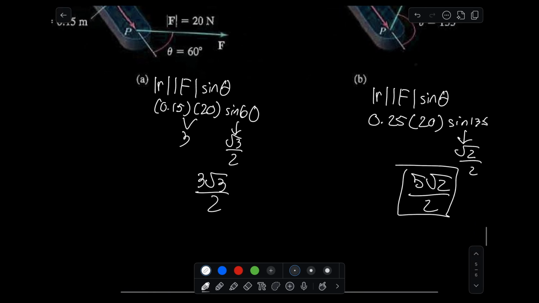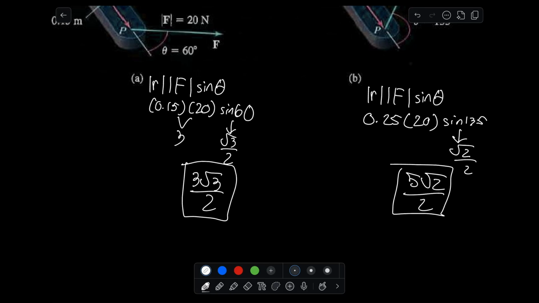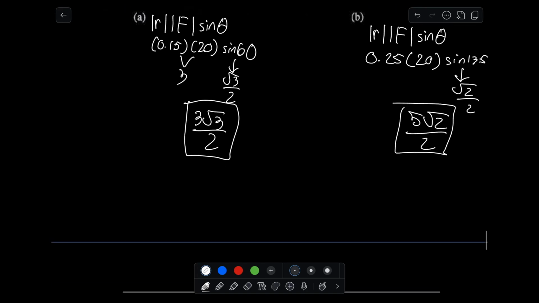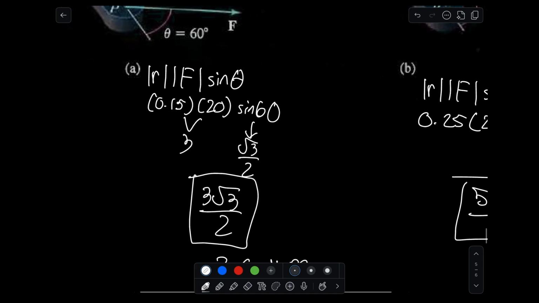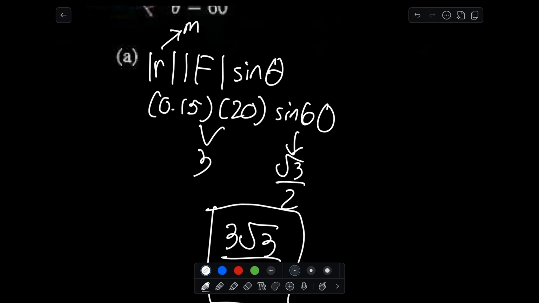And then if you were to compare these two torques, the magnitudes of the torques, just plug it into your calculator. Actually, we can do 2.6 newton meters, because this is going to be in meters, the radius of your object that you're rotating.